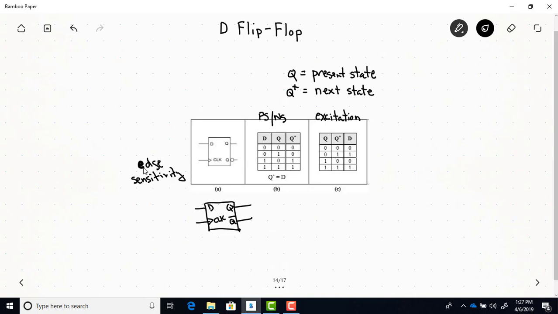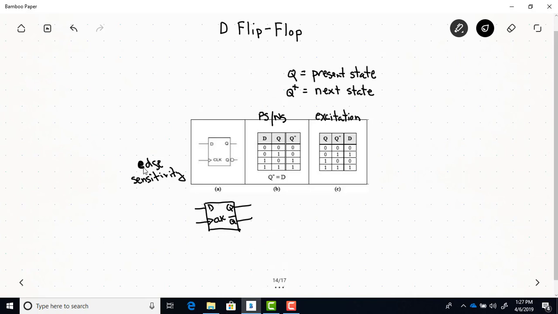And these two rows show us the case where the D input is 1. Here the D input is 1, the present state of Q is 0, and that means our next state of Q will be 1. And then the bottom row here, when the D input is 1 and the present state of Q is 1, well, the next state of Q will be 1.